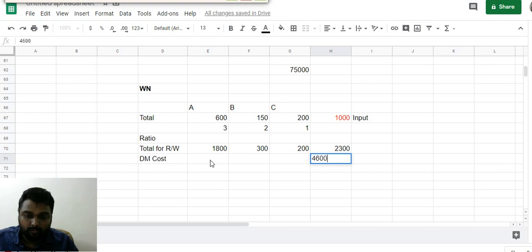So here 4600 into this divided by this gives the ratio.